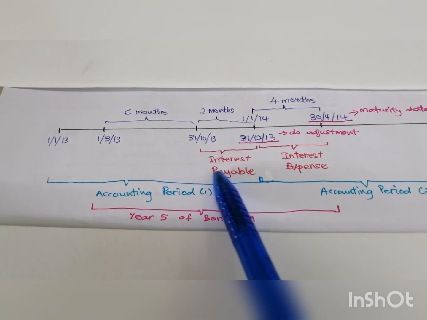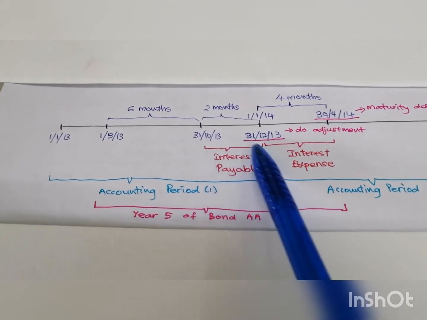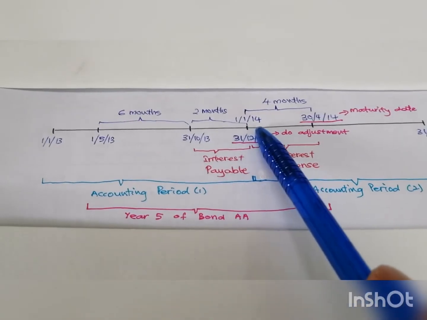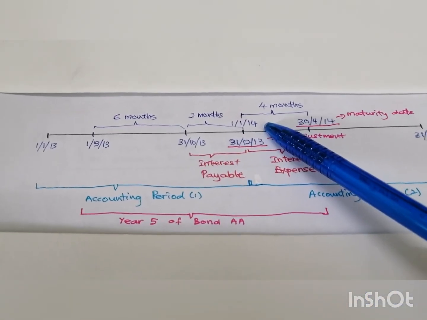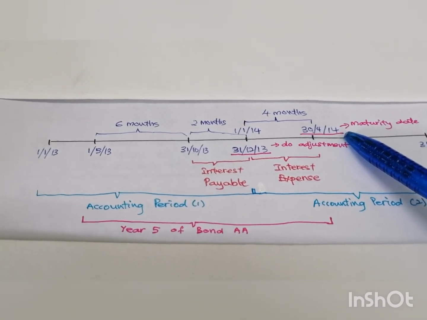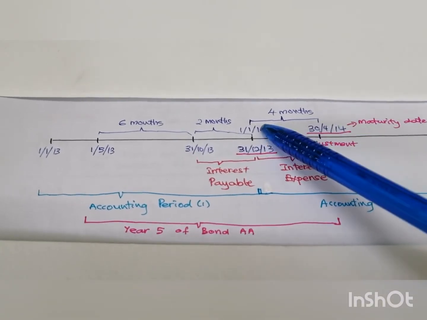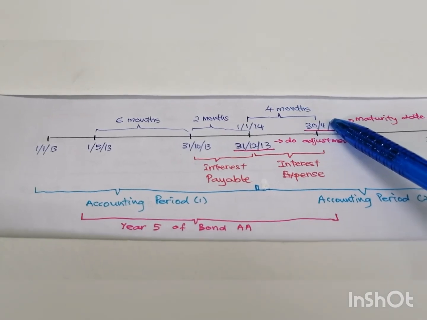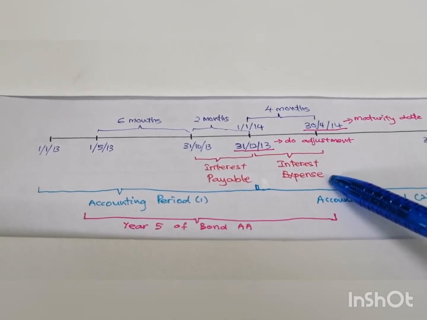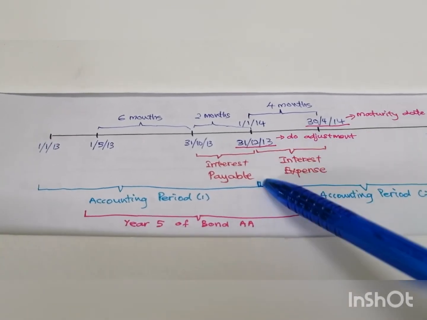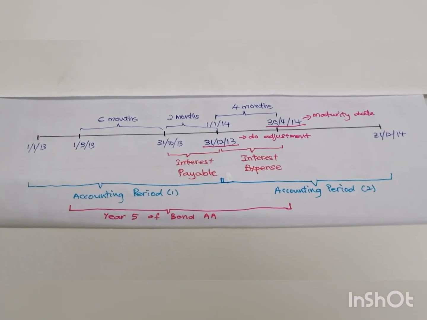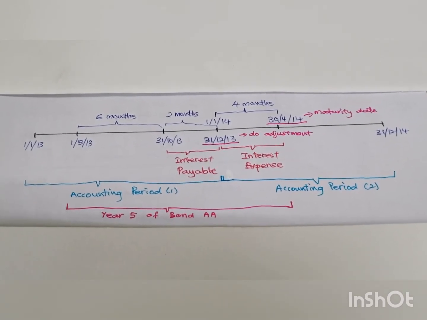Okay, so we will need to record the interest payable. So from 1st January 2014 until 30 April 2014, this is another 4 months, and so this one will record as interest expense. Okay, so this is the explanations for the whole concept of bond AA.